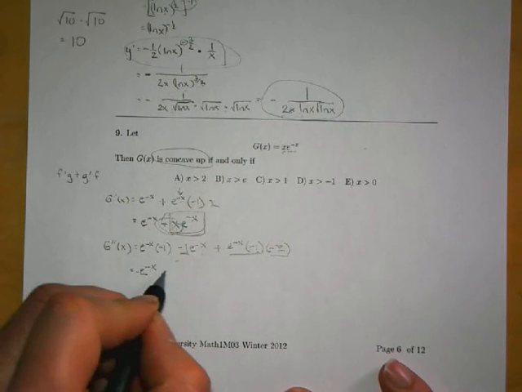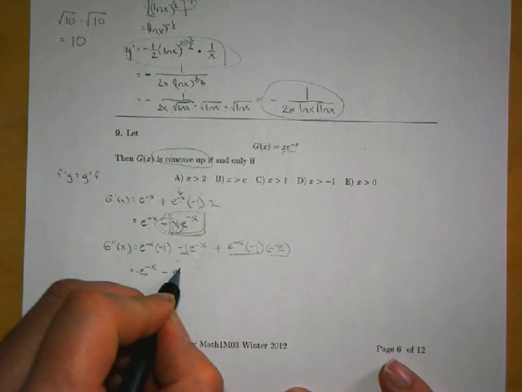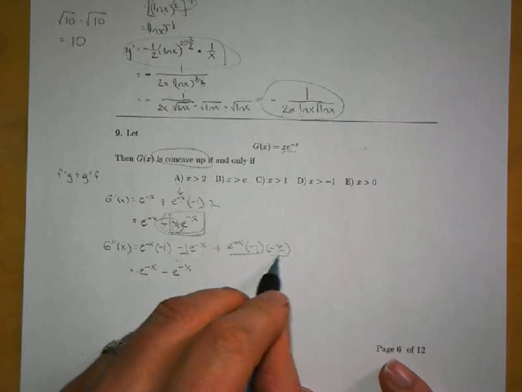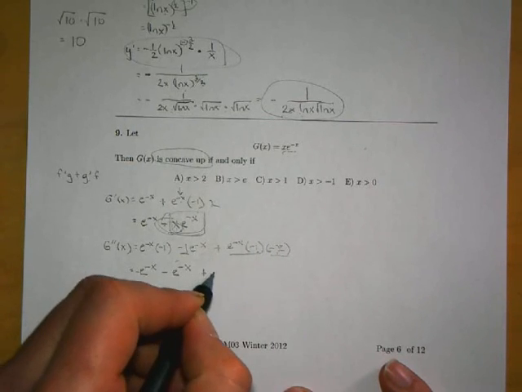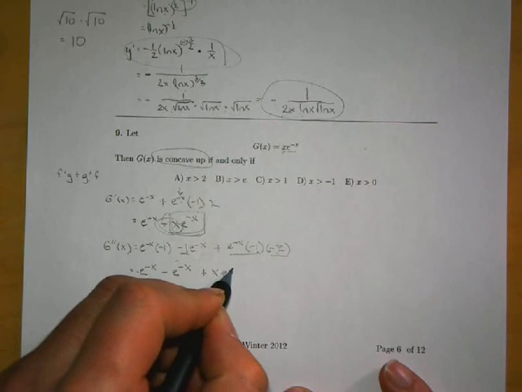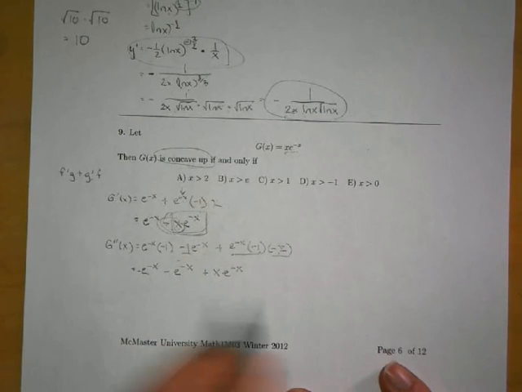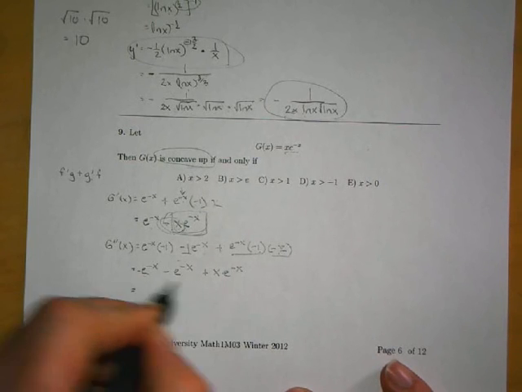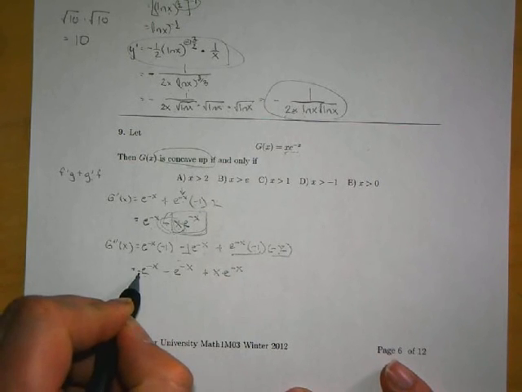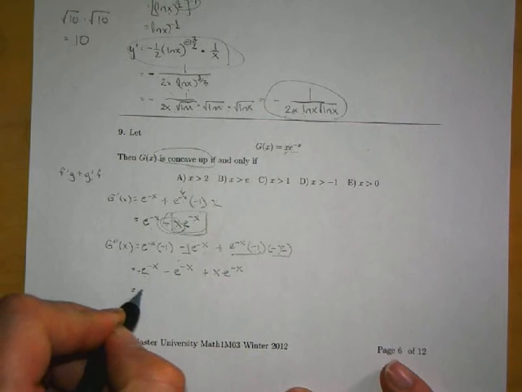Here, that's still another negative e to negative x. Then just clean this up a bit. The negative 1 times the negative x is just x, so plus x e to negative x. So I want to know when this is greater than 0, right? Okay. So, but I still can do a little bit of algebra. These are actually the exact same terms. So negative 1 of them, take away another one, is negative 2 of them.